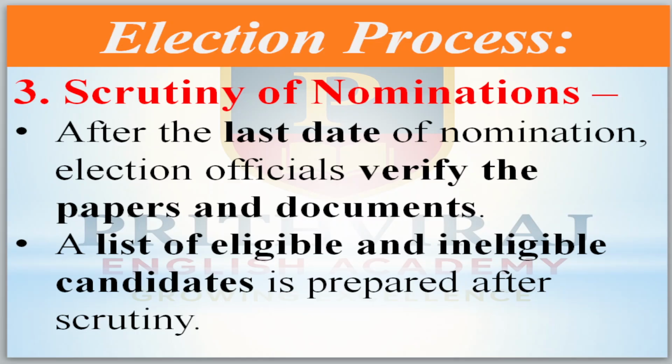They check whether the name and the documents submitted are correct, and whether all the specific information has been filled in. Afterwards an approved list is made, and a rejected list is also made by the RO officer. Then they paste a list of eligible and ineligible candidates. I have already mentioned this one. It is done after the scrutiny.